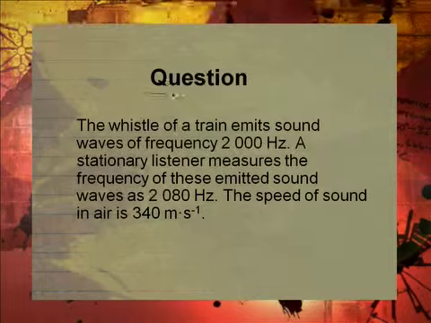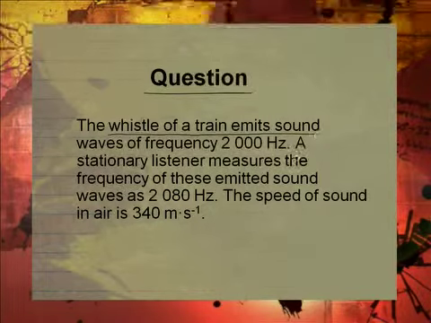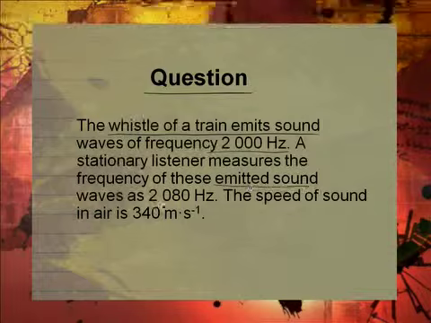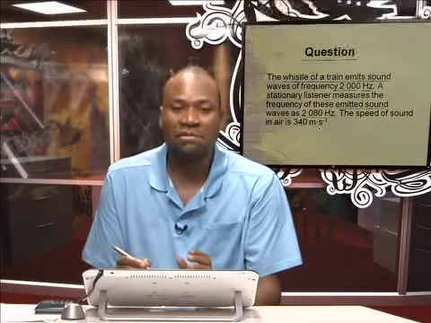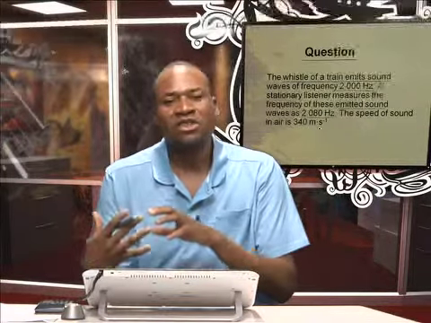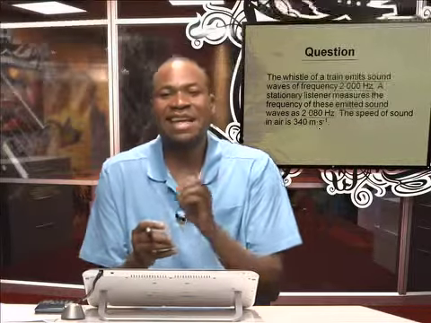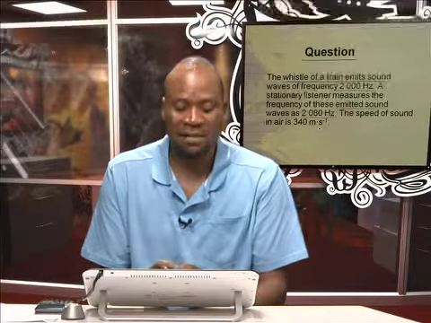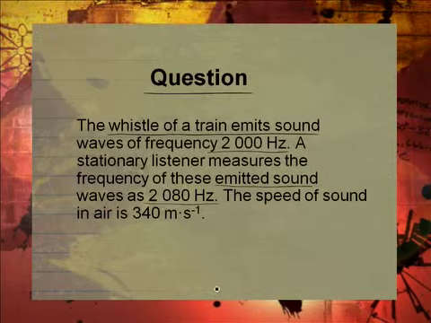This is another question from a previous question paper. The whistle of a train emits sound waves of frequency 2000 hertz. A stationary listener measures the frequency of these emitted sound waves at 2080 hertz. Now this must be telling us something. The stationary observer hears a frequency greater than the frequency emitted by the whistle of the train.